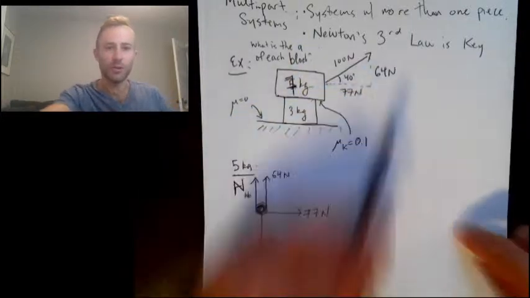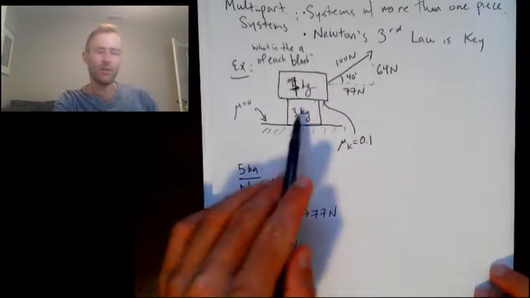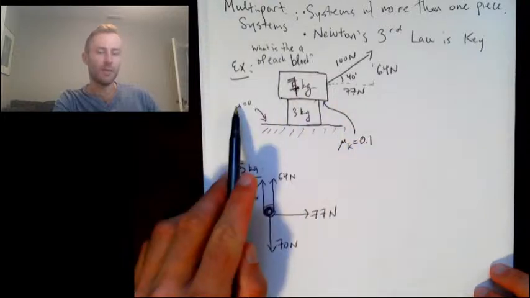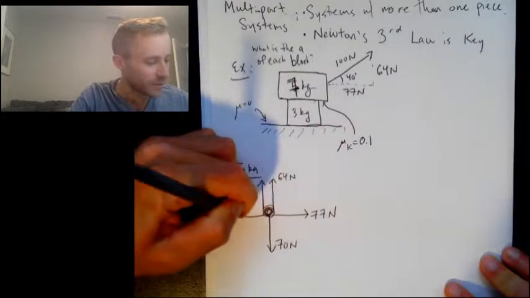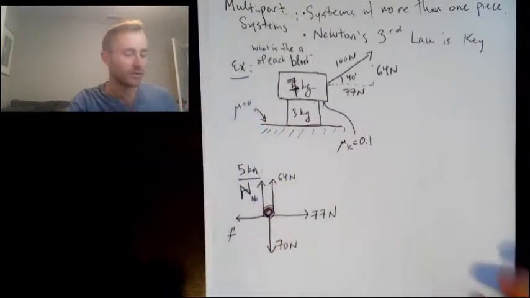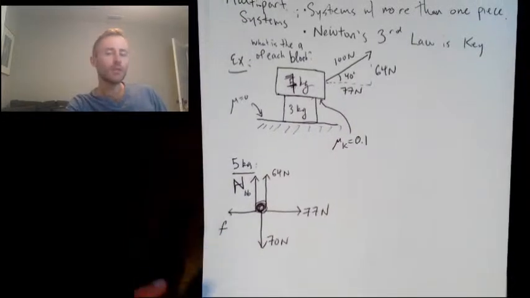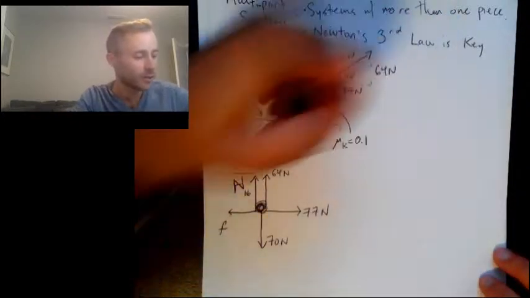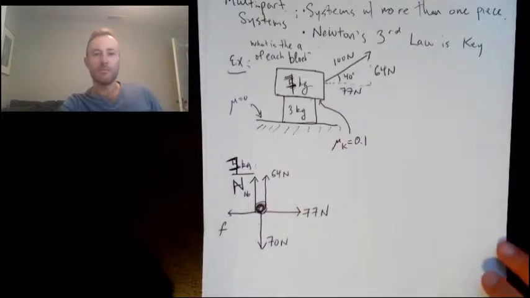Because the 100 Newton force is pulling the block to the right. And friction says, no, no, no, don't move. So friction is going to hold the 7 kilogram block back. So there's a friction force going to the left. Okay? So those are the forces acting on the 7 kilogram block.